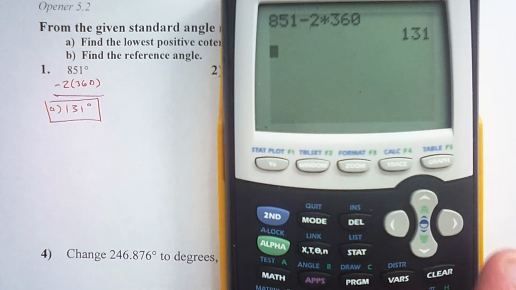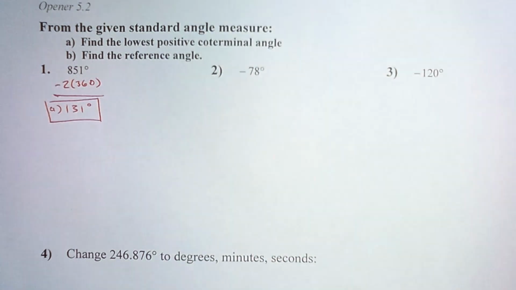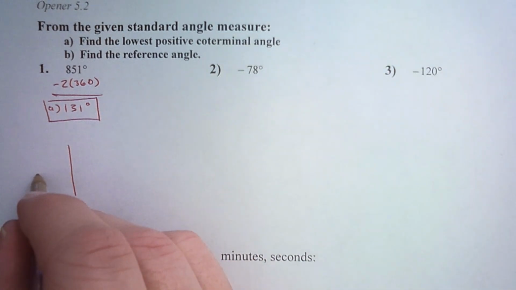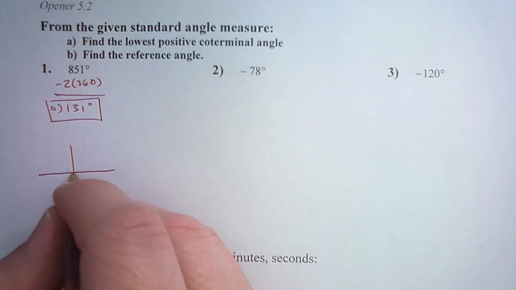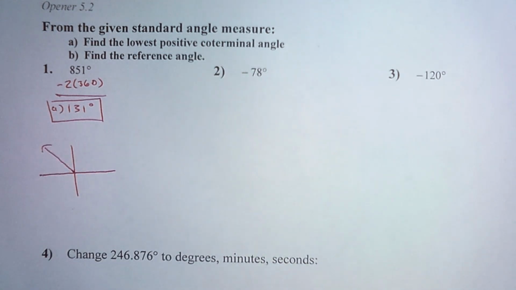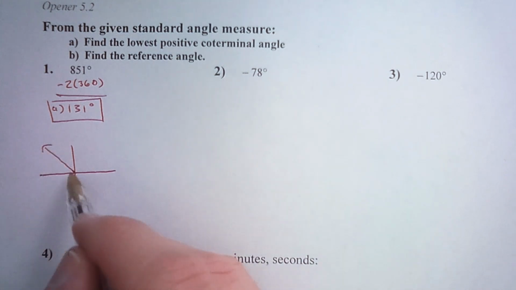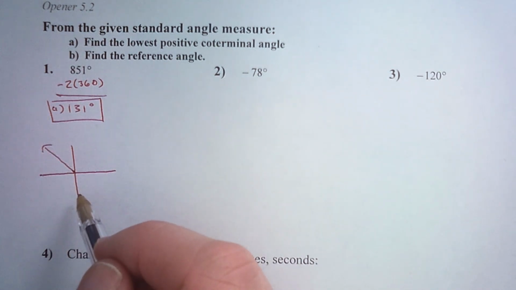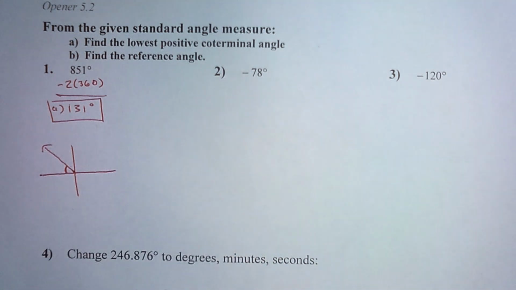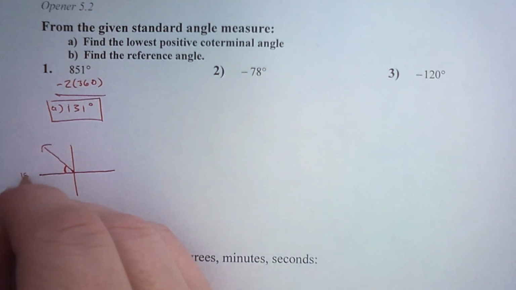Now I want to find the reference angle. A 131 degree angle would look something like this. The reference angle is the angle between this terminal side and the nearest x-axis, so that will be this measure right here. Now this is 180 degrees.